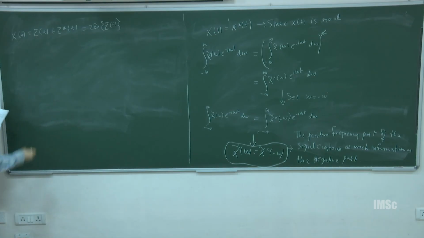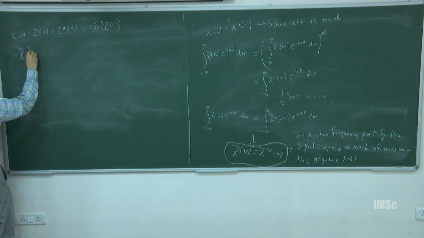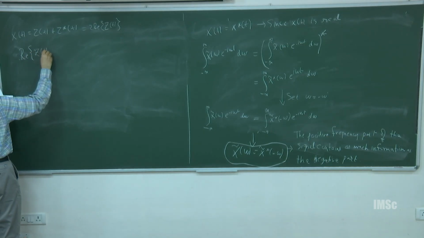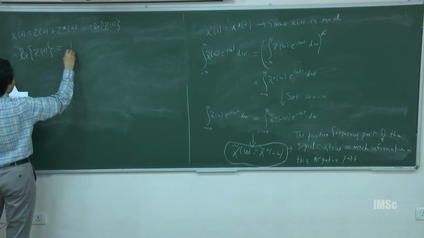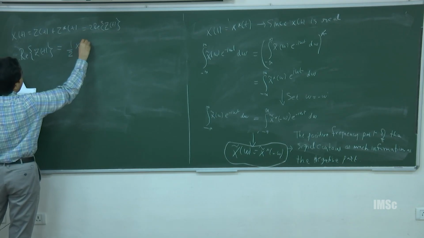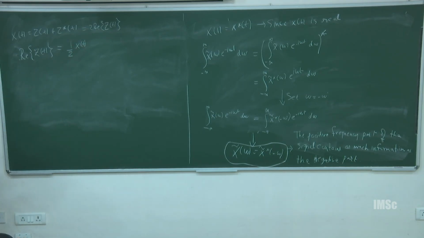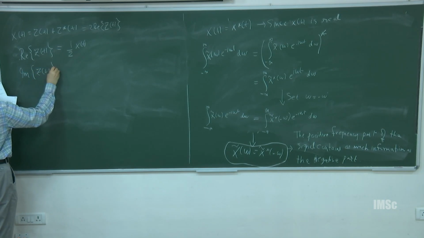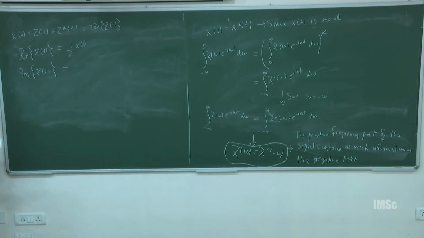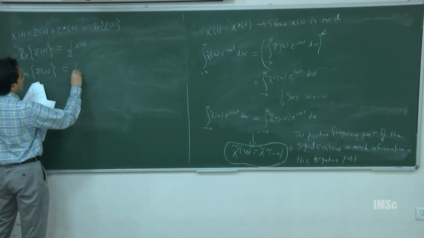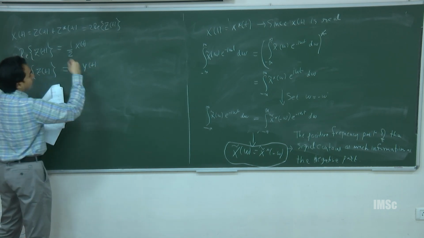Or in other words, formally speaking, you can also write down the imaginary part of z of t, and let us call that half y of t, some function.